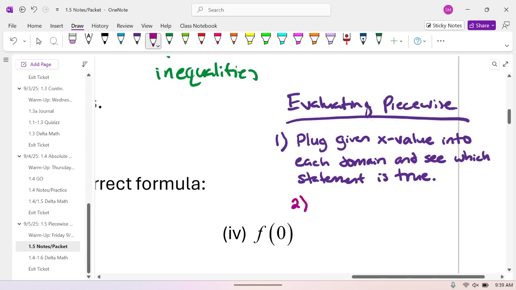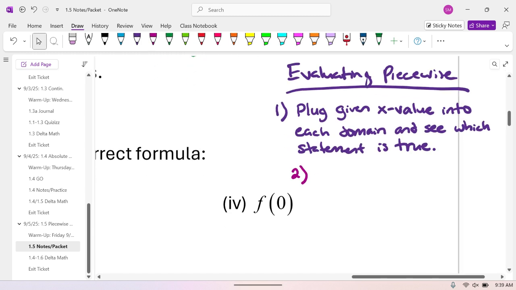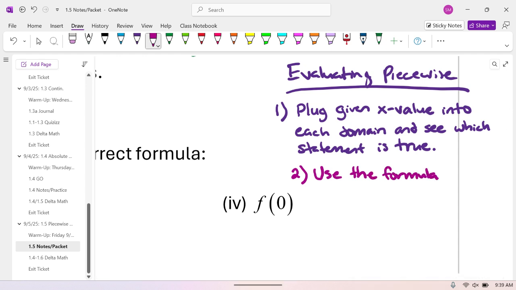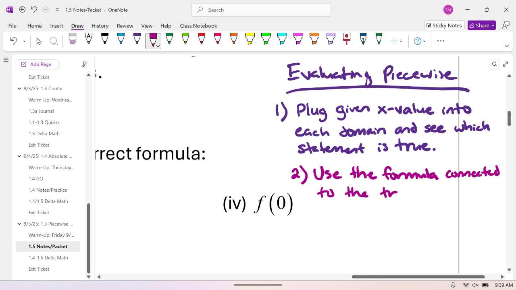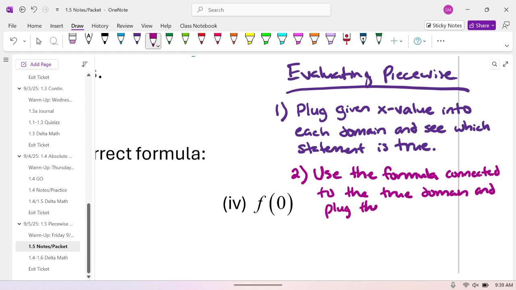The second step is to then use the formula connected to the true domain and plug the given x into the formula.